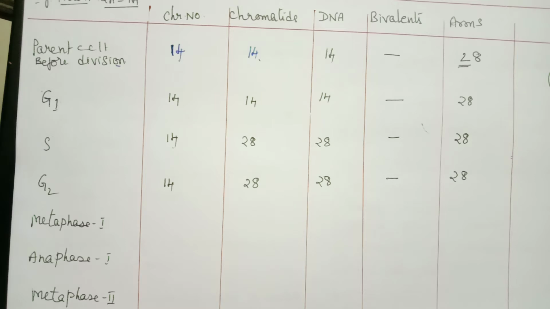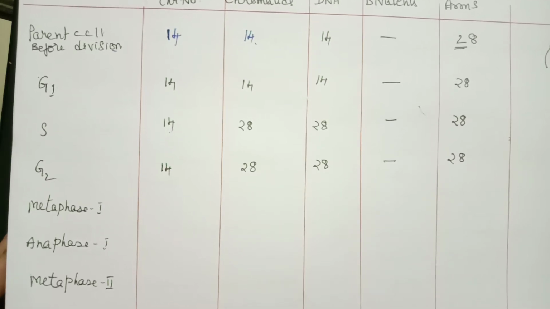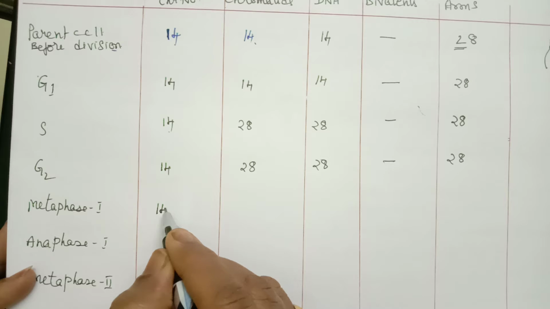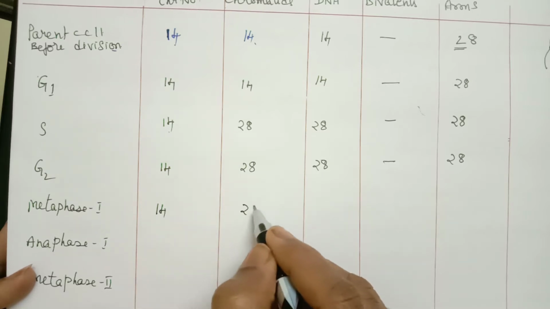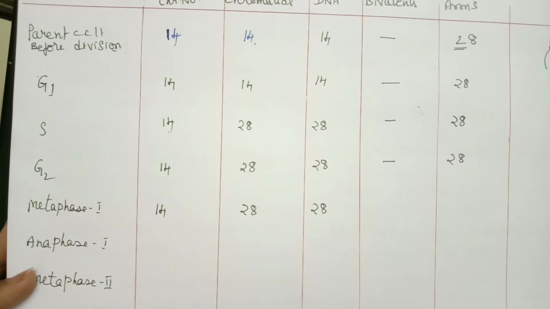Now next coming to metaphase 1. In metaphase 1, as we discussed earlier, all the bivalents are arranged at the equator. So chromosome number will be the same, the diploid chromosome number, chromatid number is the same, DNA also is the same. But bivalents appear here.